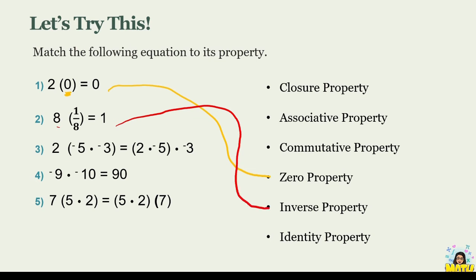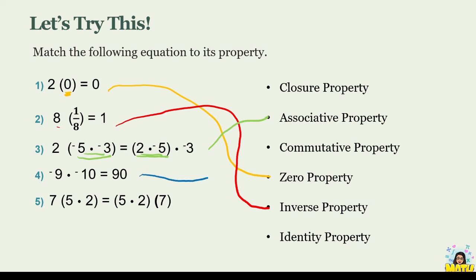Number 3, 2 times the quantity negative 5 times negative 3, that is equal, while sa kabilang side, na kung saan ang nakagrupo naman ay 2 times negative 5 bago i-multiply sa negative 3. So here, nabago yung groupings ng factors, and since we're talking about the groupings, that is associative property. Number 4, we have negative 9 times negative 10. The answer is positive 90.